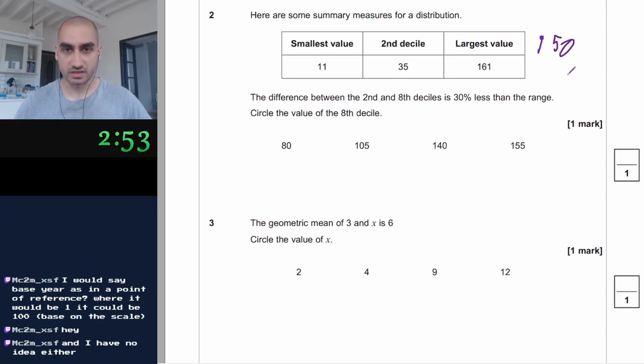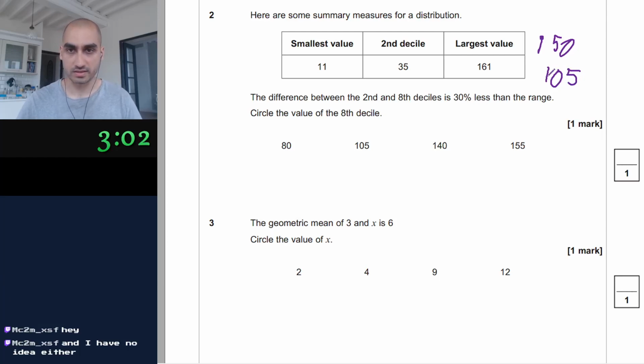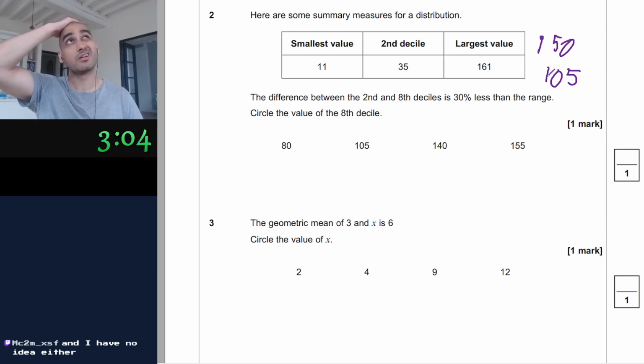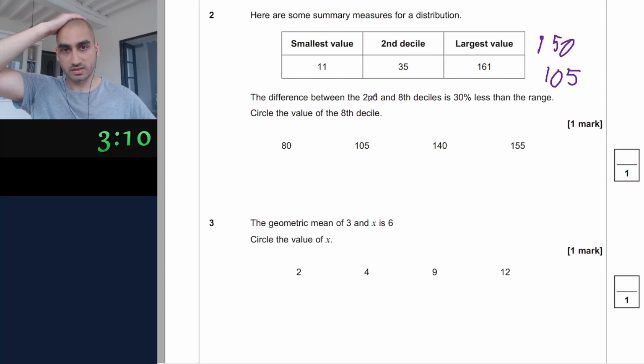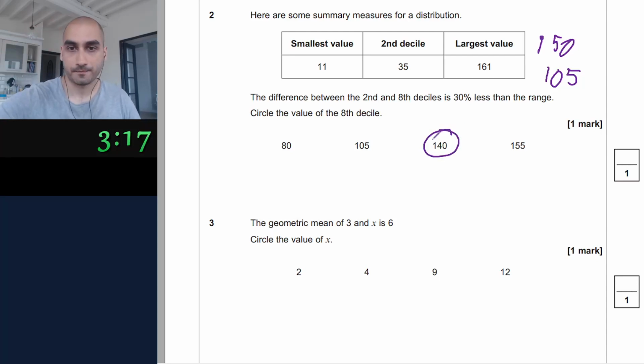Right, 150. So 30%. Okay, so 105 is when you subtract, it's 70% of 150. Is that right? Yeah. So the difference between the second and eighth deciles will be 140. All right.